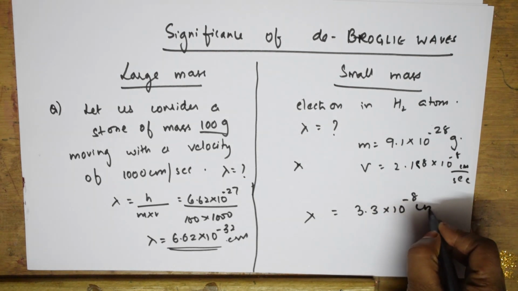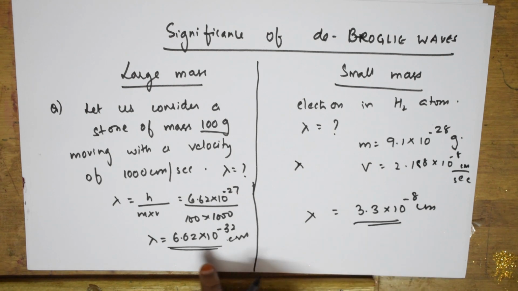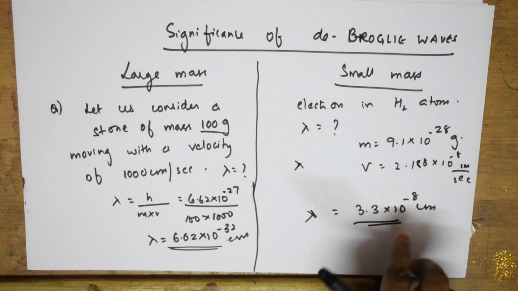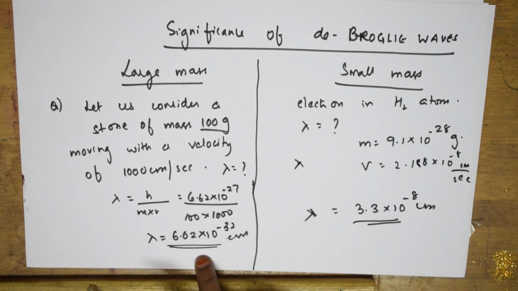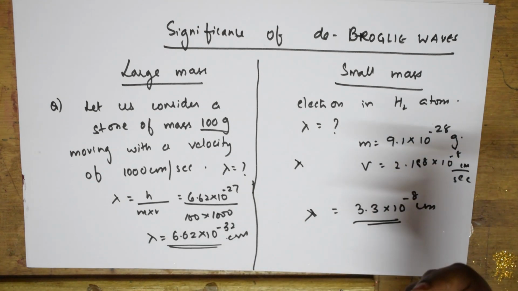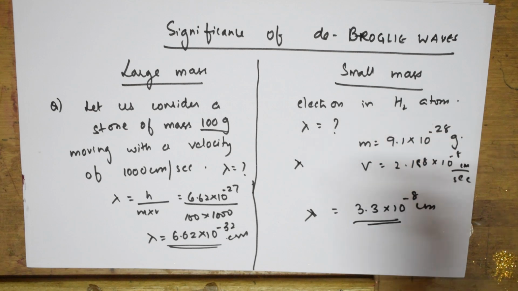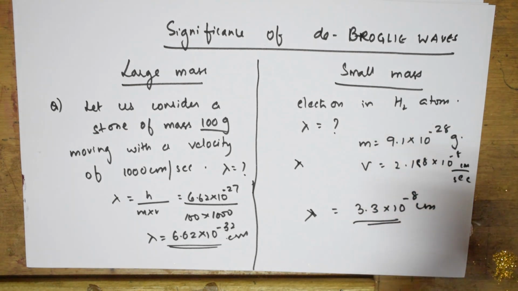Now why am I doing all this? Just see. When I compare this value for the mass of the electron with this value, it is almost negligible, isn't it? Very small compared to this lambda. So the detection of this one, which is too small, will become very difficult, isn't it?